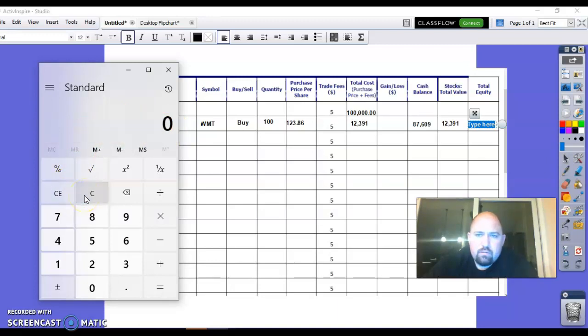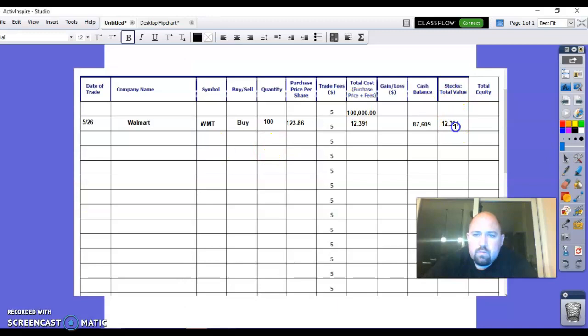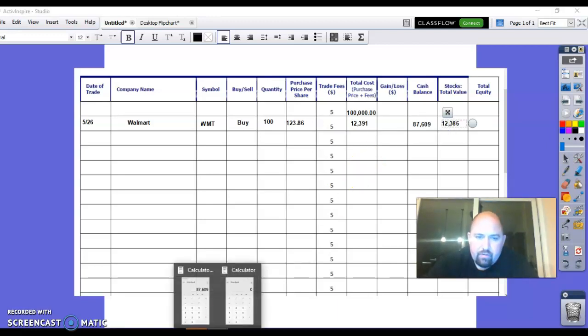I'm sorry, that was my cost. The total value of my stocks was $12,386 because that purchase price doesn't go into the value of your stocks.